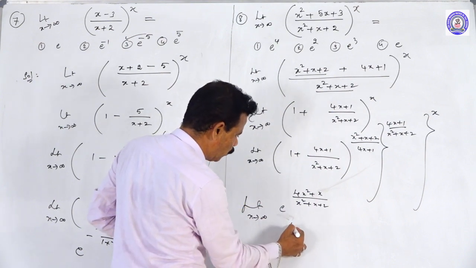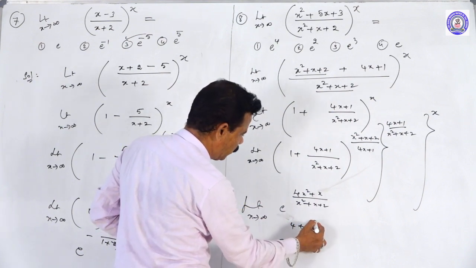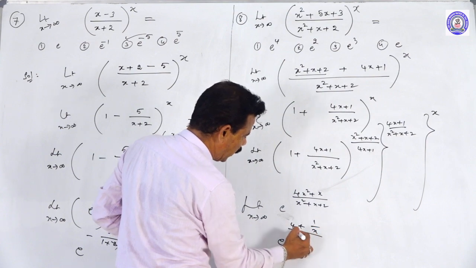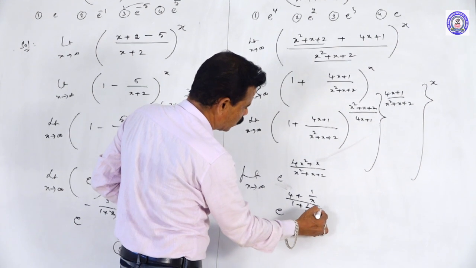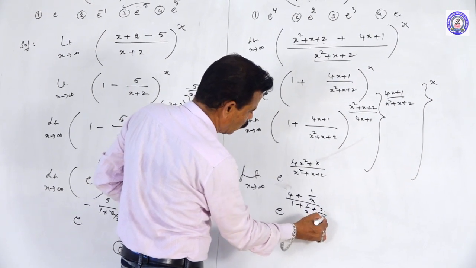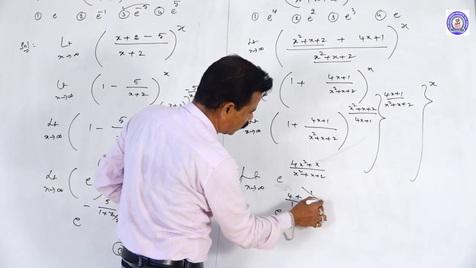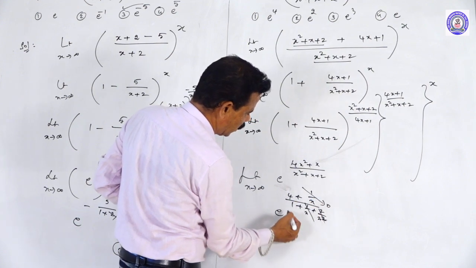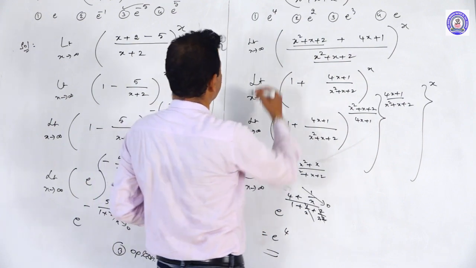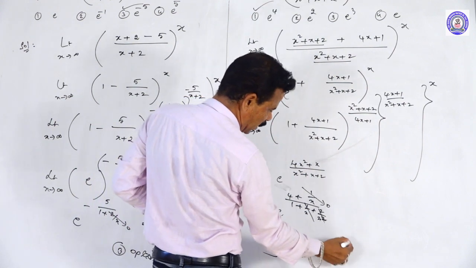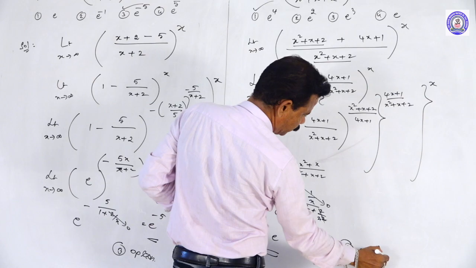It is e power of 4 plus x by x square means 1 by x, then 1 by x plus 2 by x square. So the 1 by x terms cancelled, this is 0, this is cancelled. E power of 4 remaining, answer. E power of 4 is the right answer. So the first option is the correct answer.